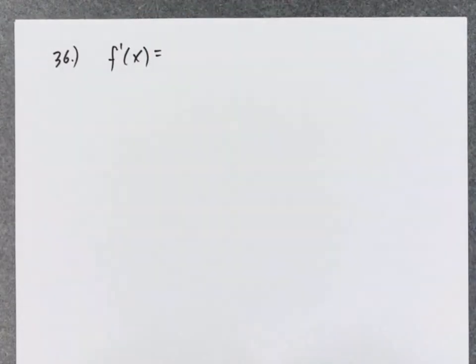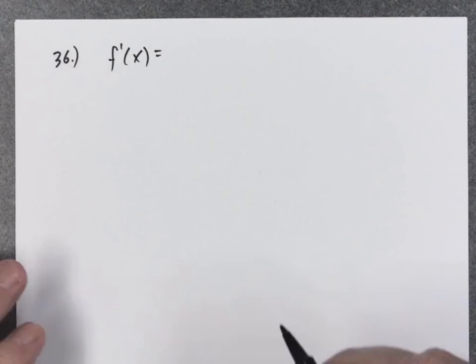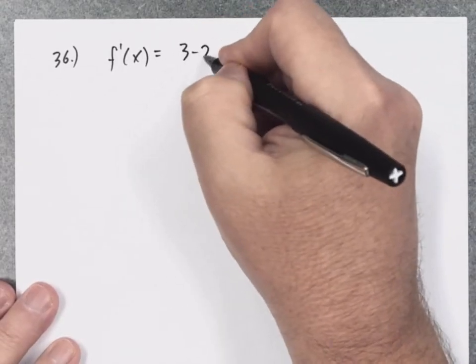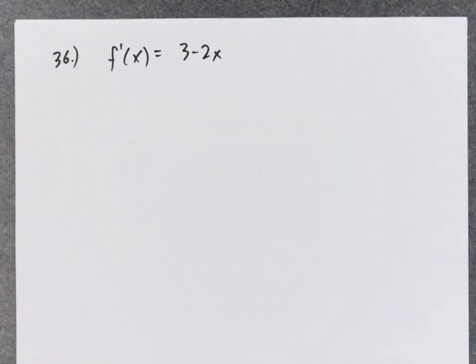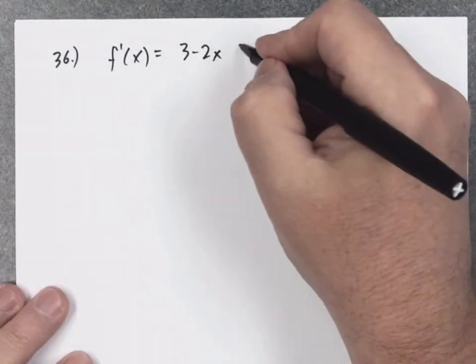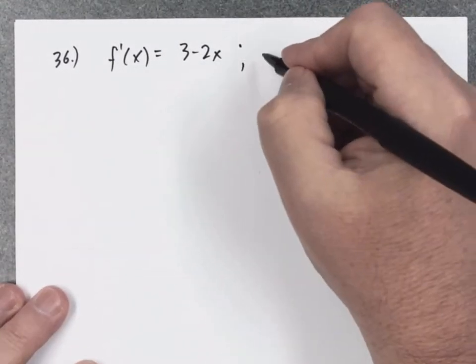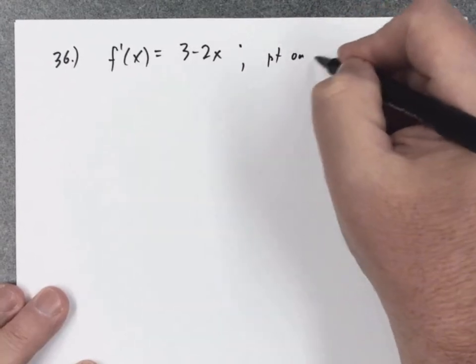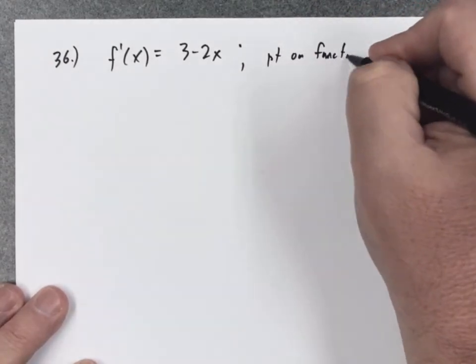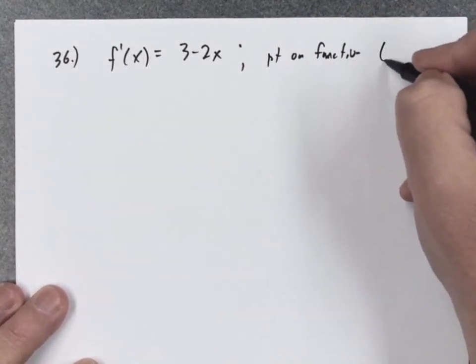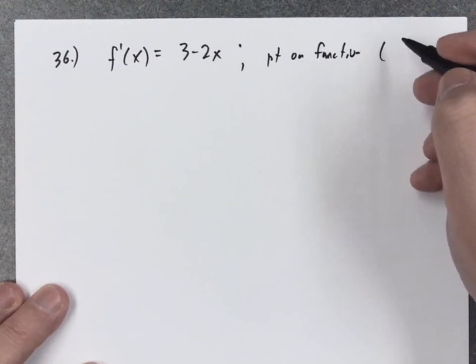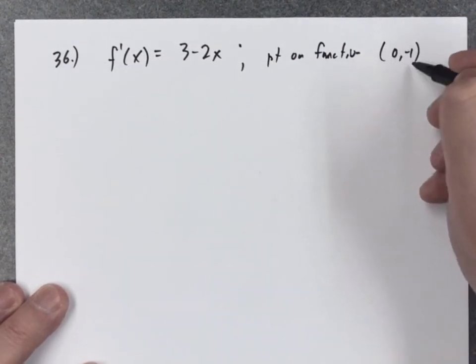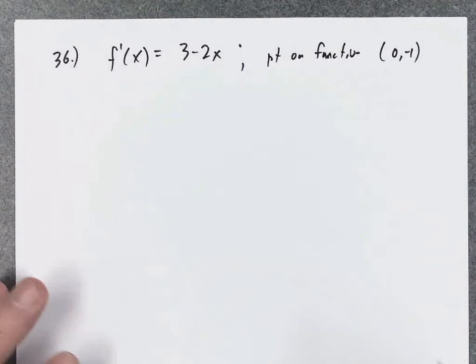it's like they give you a derivative. And then they give you a point on the original function. And for this one, the point is 0, -1. So it's like they're giving you a derivative.